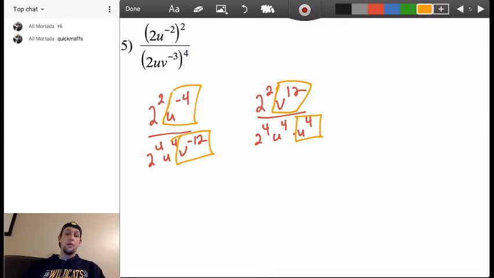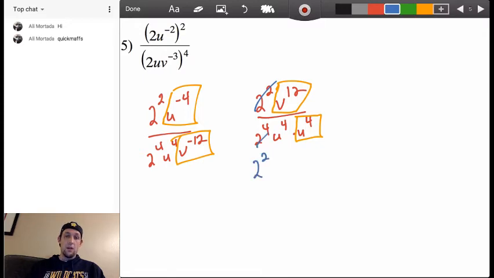So I moved that u to the negative 4th down to my denominator and made it positive, v to the 12th to my numerator and made it positive. I just feel like it's easier to work with positive exponents because now we can just kind of cancel things out, right? We've actually got 3 different situations here. We've got our 2's, which we can now just cancel out and say there's a 2 squared left down here.